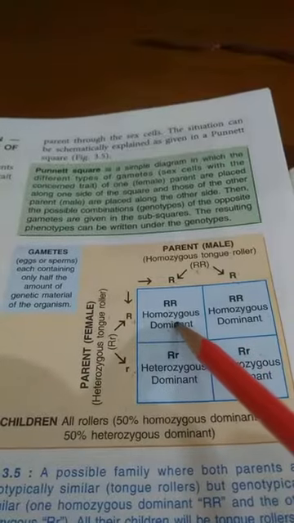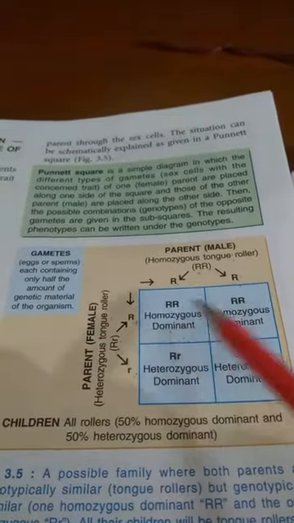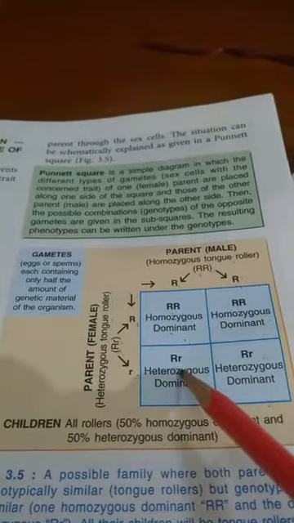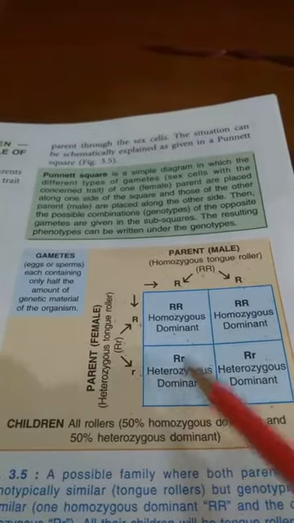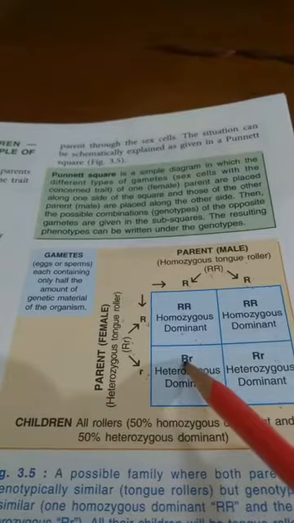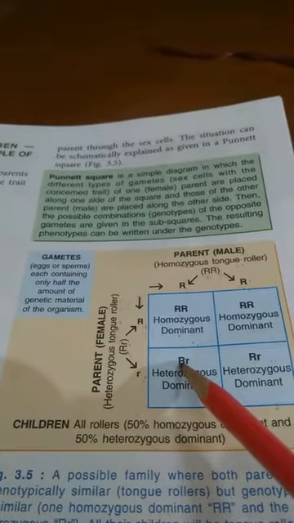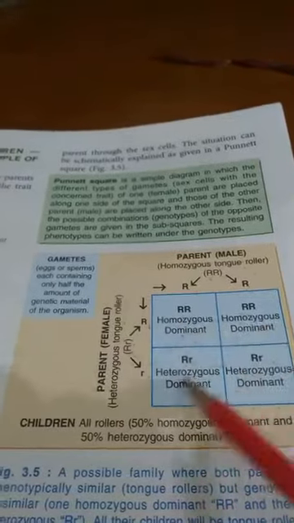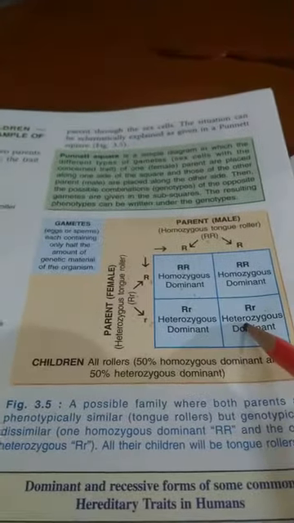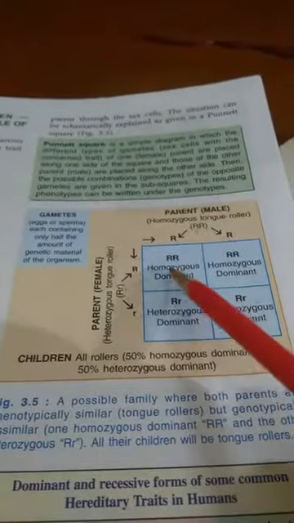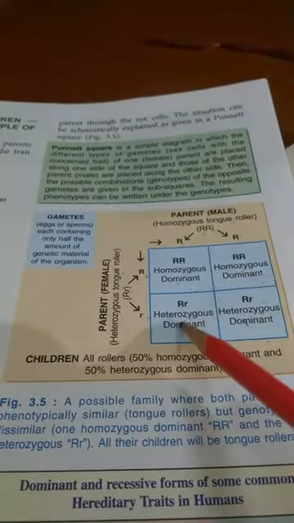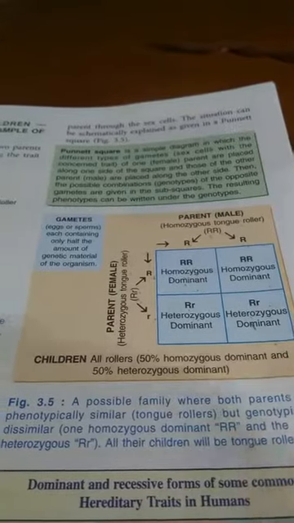It means this individual can roll the tongue. This individual can also roll the tongue. This individual, although it is heterozygous, can also roll the tongue because capital R is present here. And this individual can also roll the tongue. So all four offspring produced are tongue rollers, but 50% of them are homozygous dominant and 50% of them are heterozygous dominant.